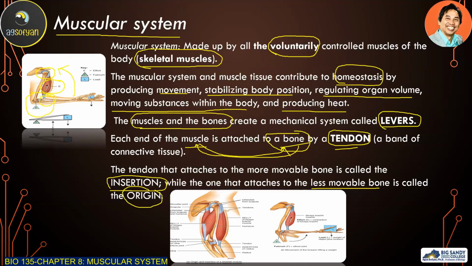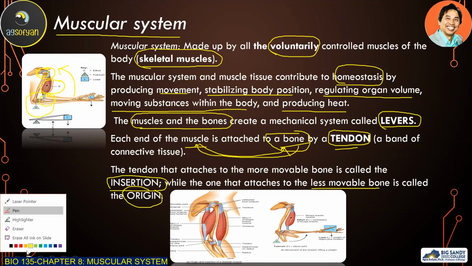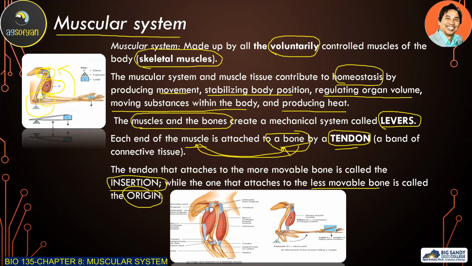So if you see these two bones, the radius and ulna is the bone that is more movable, and the scapula and the humerus over here is the one that is really less movable. Therefore, this tendon over here is called the insertion, because it is attached to the movable bone.